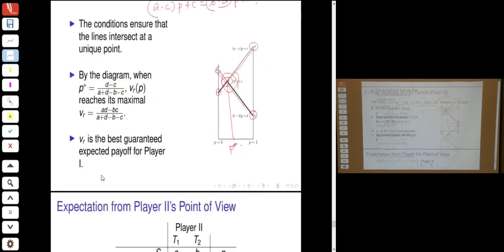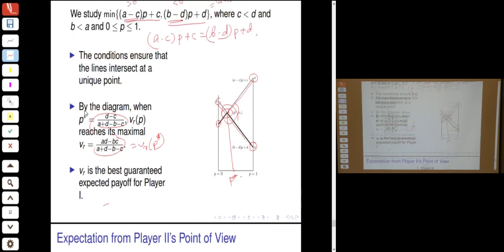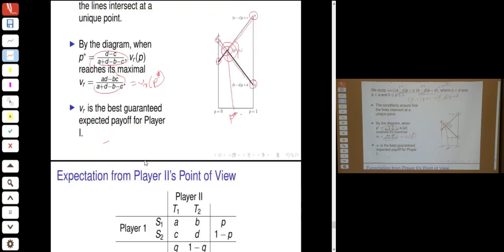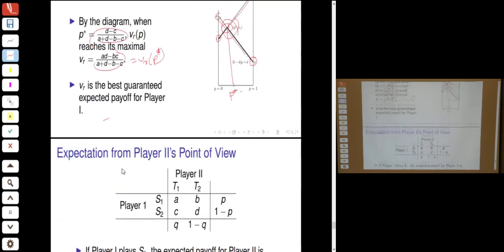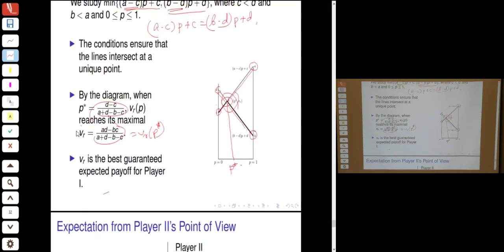The P star will turn out to be this simple algebra, and the value at P star, V_R of P star, will turn out to be this. Okay? So V_R of P star we will call V_R, and this is the best guaranteed expected payoff for player 1.